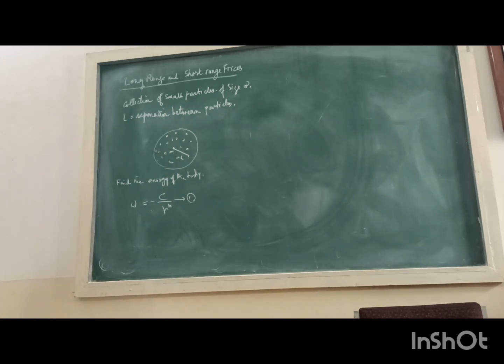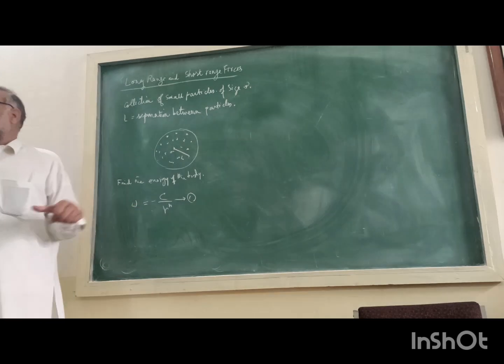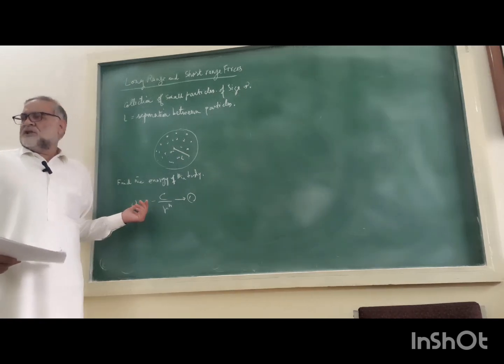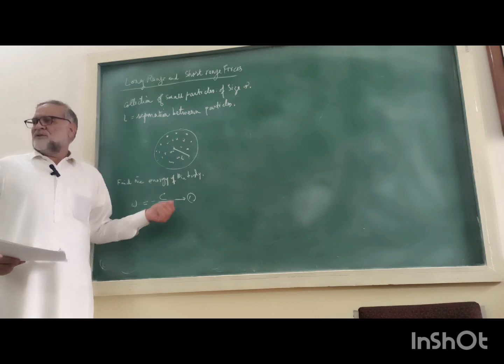We don't know the exact form, but we suppose the energy goes as some power of 1 over r, with a negative sign, which means attractive. Being inversely proportional to r means it decreases with separation. So the basic facts in this equation are, first, the energy decreases with separation, and second, the energy is attractive.